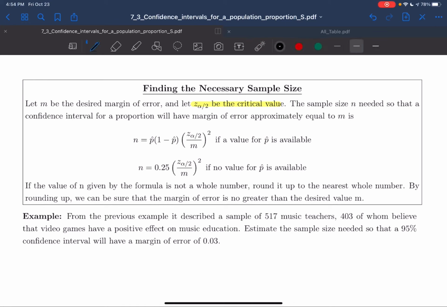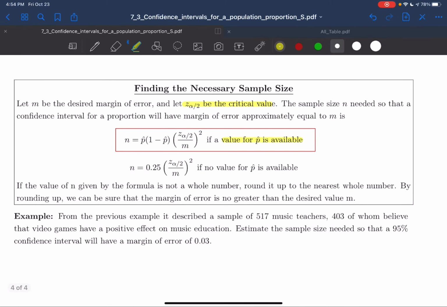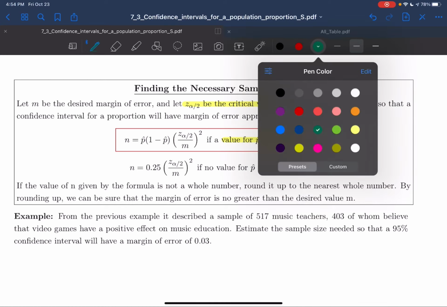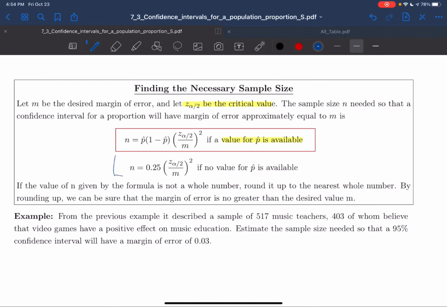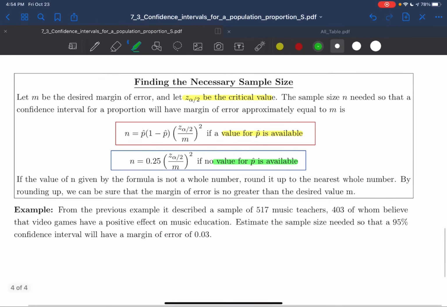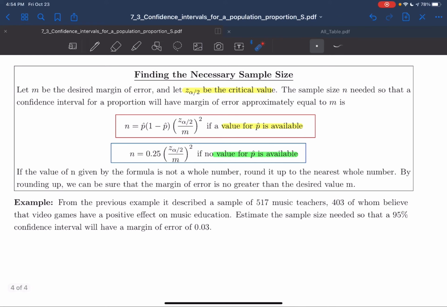This is the formula that we need if we know the value of p hat, or our sample proportion. If we don't know this value, then we will use this formula instead. And if n is a decimal, then we always round up.